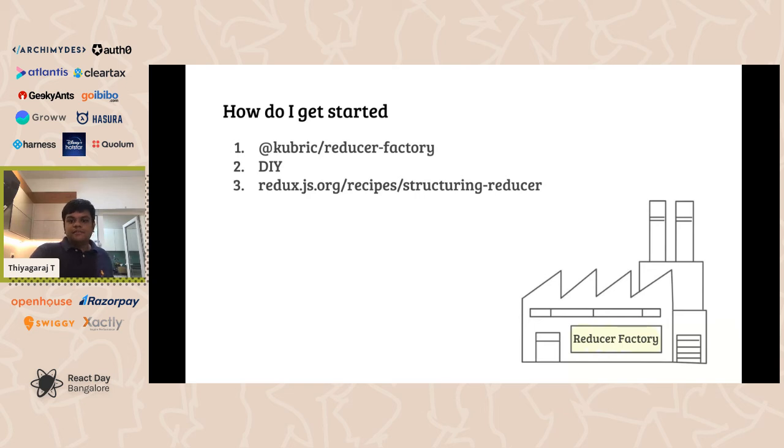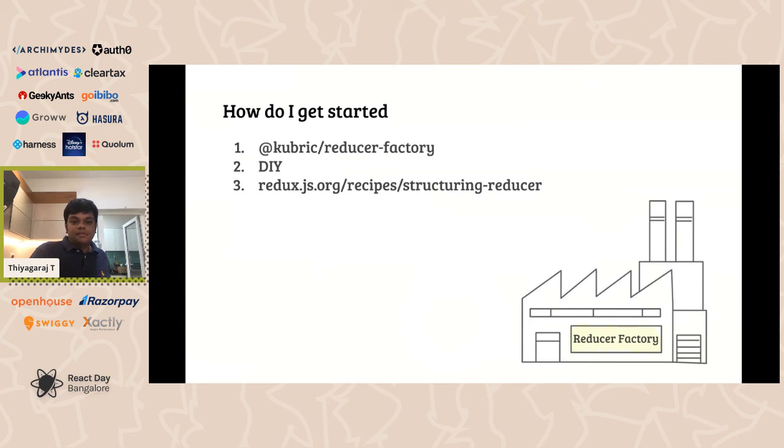So naturally, the first question would be, how do I get started? Is there any tool for it? I would not like to suggest use this or use that, but you can always build one of these. It's not rocket science. It's also framework agnostic, so you can reuse it across different frameworks, because a reducer follows the same pattern.